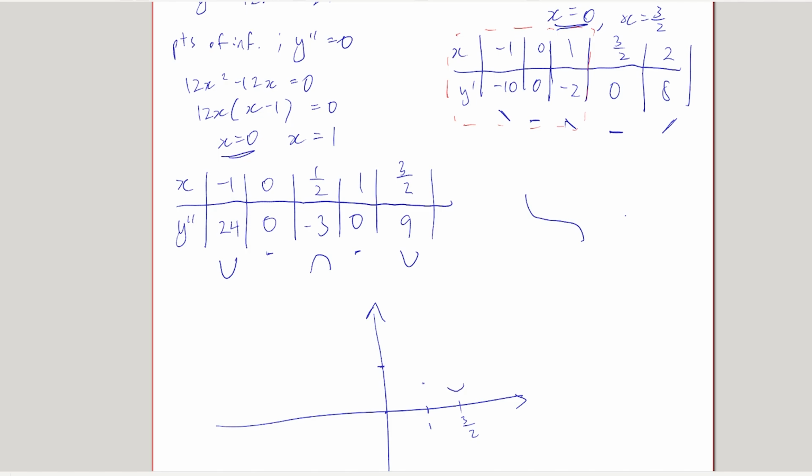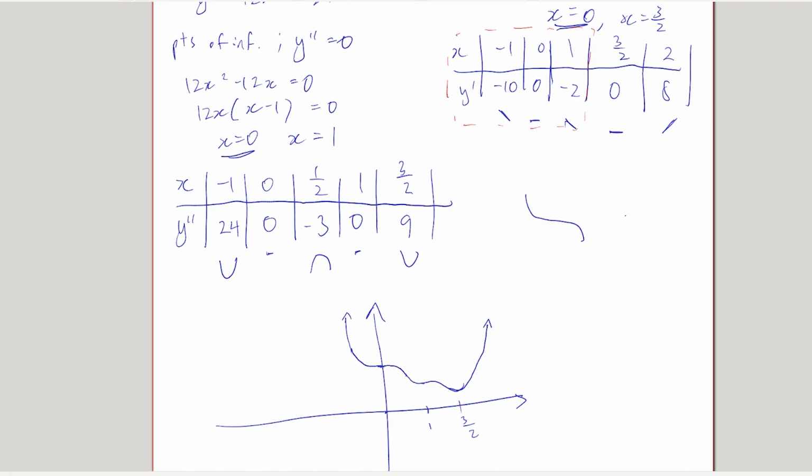And we already know that at x equals 0, it's going to look something like this. Let's just join them up. This is another inflection point as well, and there we go.